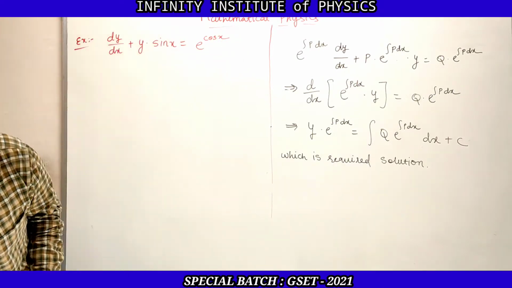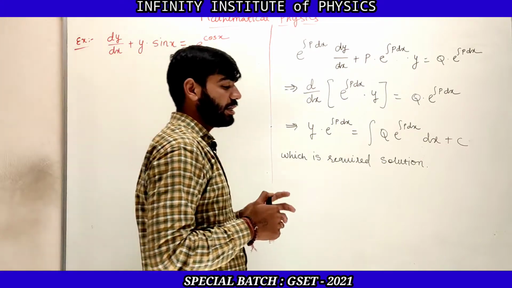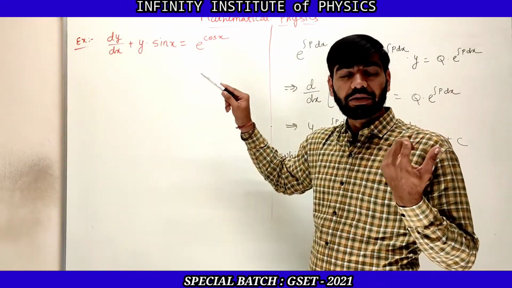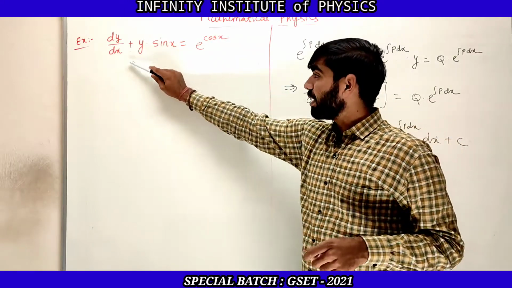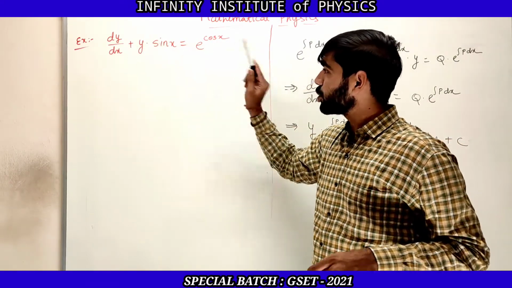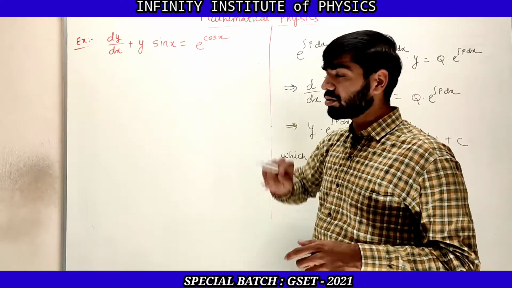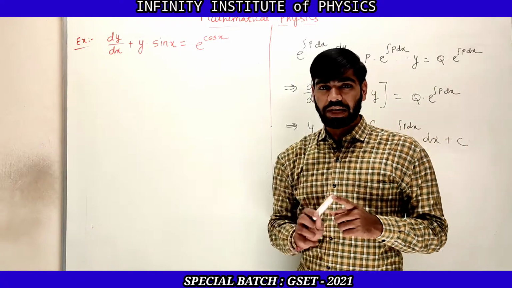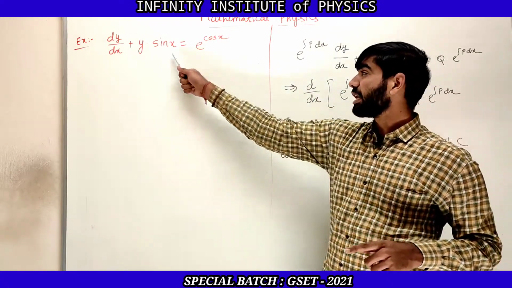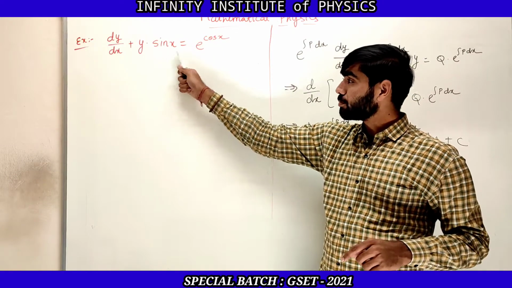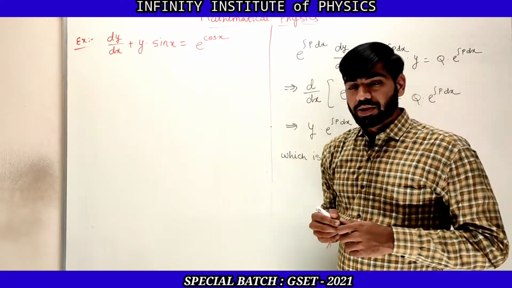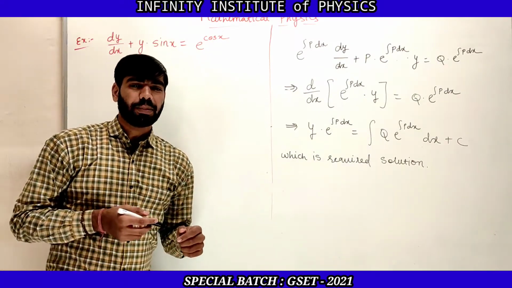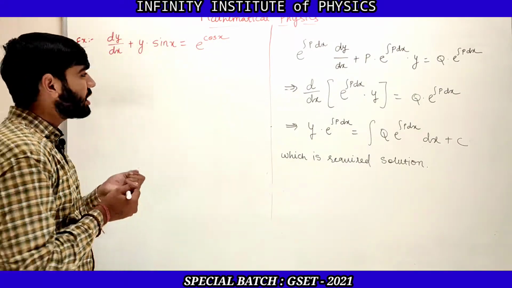Clearly you can see that this is a linear differential equation in y, and you can compare it with the standard equation dy by dx plus py equal to q. So p is equal to sin x, q is equal to e raised to cos x, and you can observe that p and q are both functions of x only. There is no term of y in p and q. Clear? So the given differential equation is linear in y, where p is sin x and q is e raised to cos x.